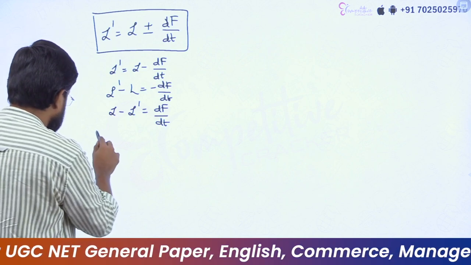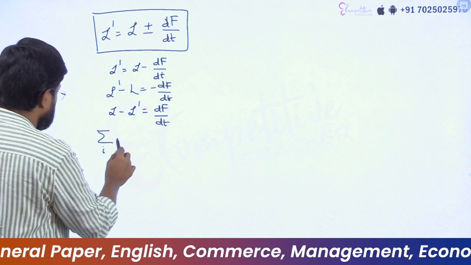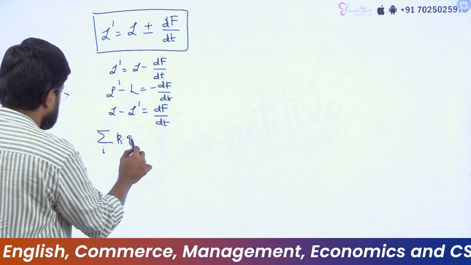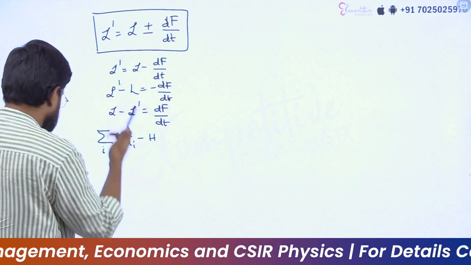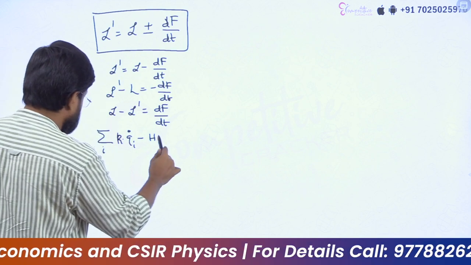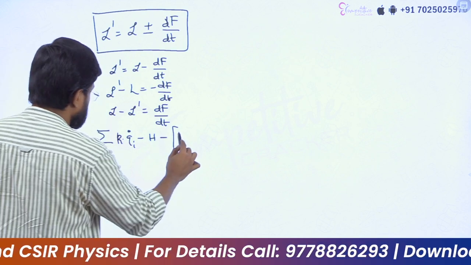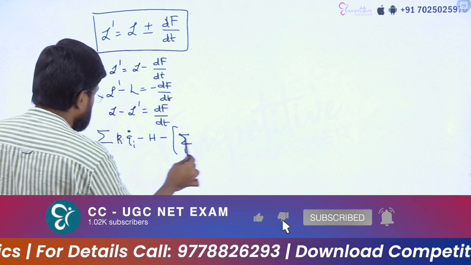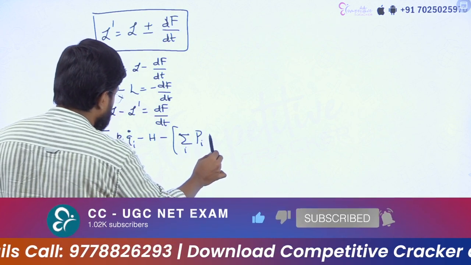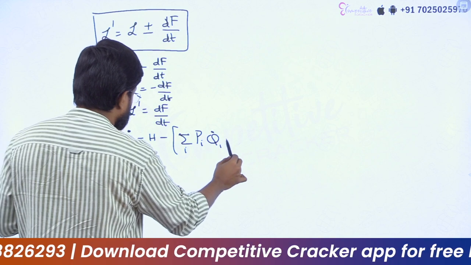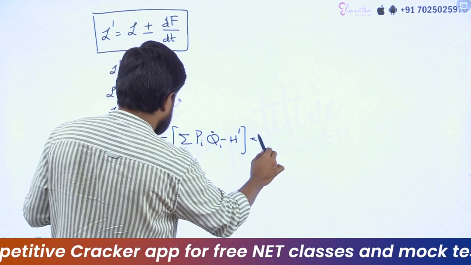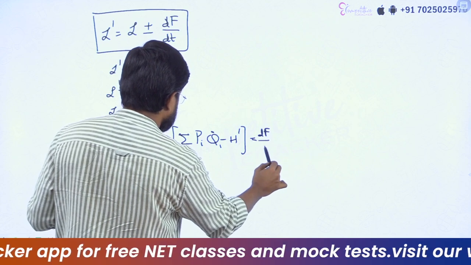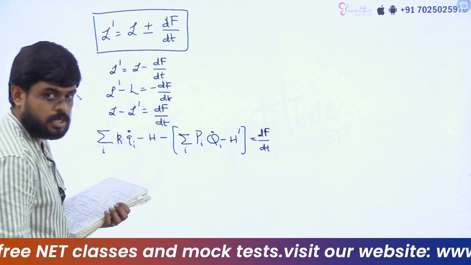L is equal to summation over i, pi qi dot minus H, right? And L prime is summation over i, capital Pi capital Qi dot minus H prime, and this is equal to what? It is df by dt.